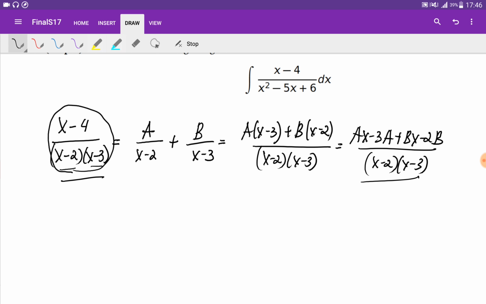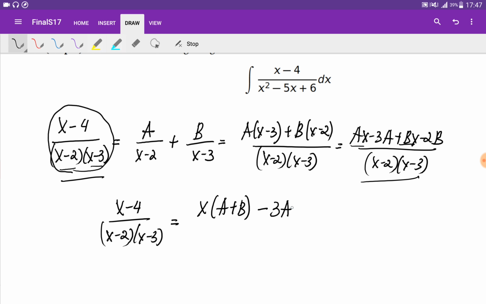Let me equalize them. So x minus 4 divided by x minus 2, x minus 3 should be equal to, so I'm going to regroup those terms. I would like to write x multiplied by a plus b, and the free coefficient is going to be minus 3a minus 2b, divided by x minus 2, x minus 3.